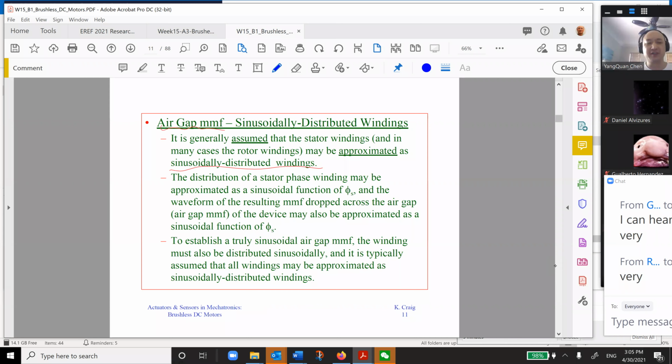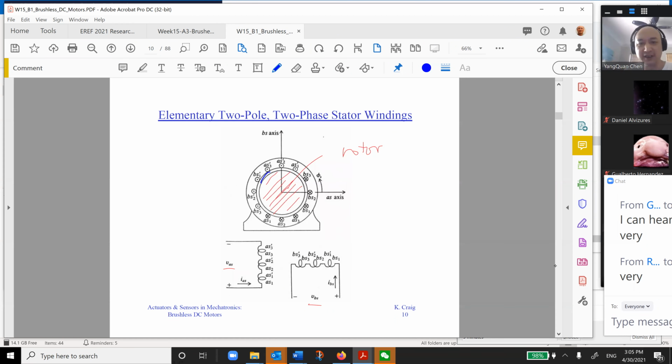Inside here, this is the air gap. Inside the air gap there's a rotating magnetic field, and because of that, your rotor inside will start to move and follow the rotation.